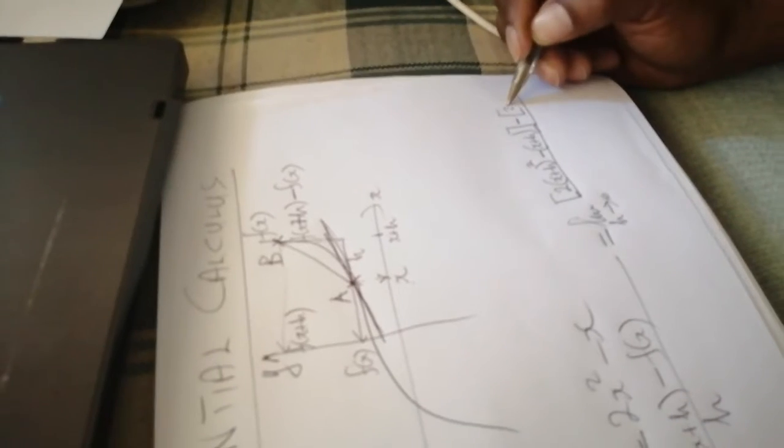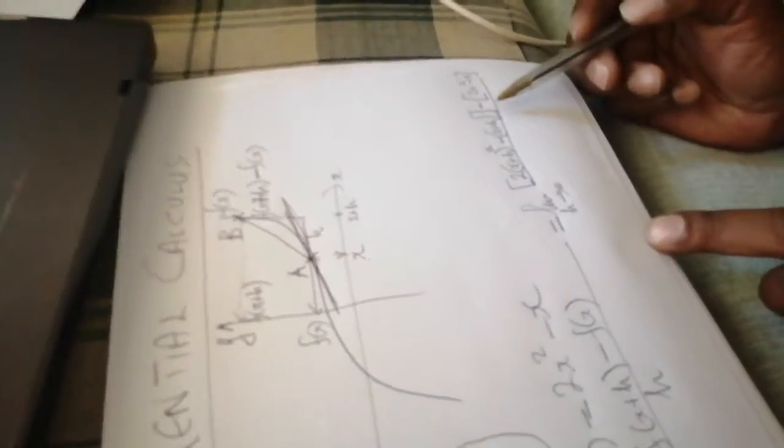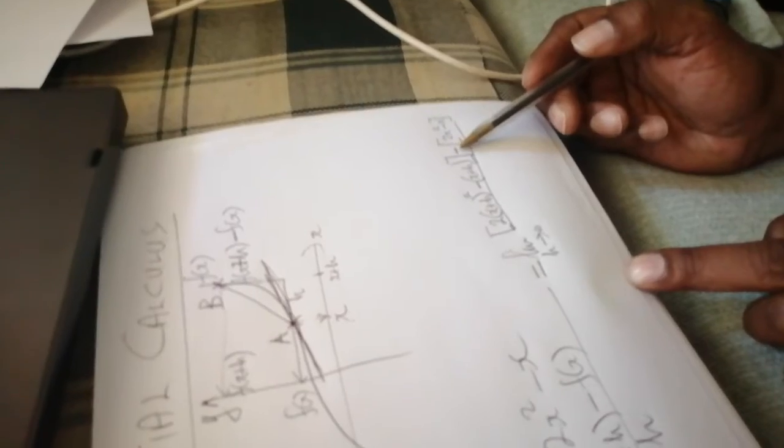Our f of x is still 2x squared minus x. Take note that I'm using the brackets here so that I have a negative sign, which should remind me to change the signs when we expand. And this is the numerator, the denominator is h.